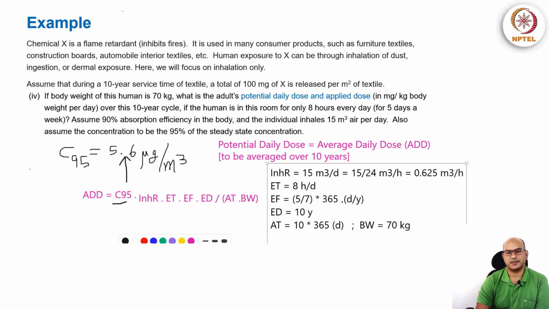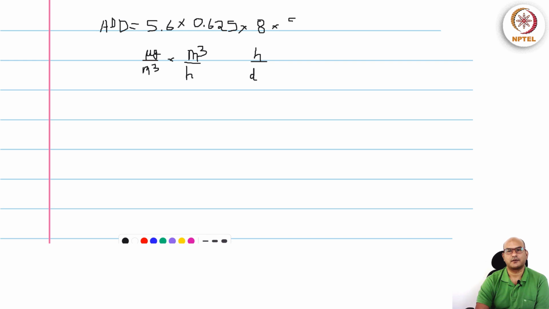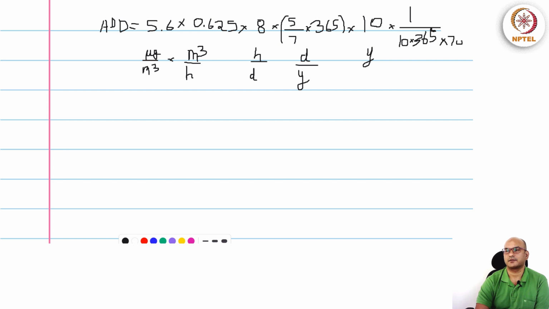Our exposure frequency is 5 by 7 into 365 days per year, multiplied by the exposure duration of 10 years, divided by averaging time in days, so 10 into 365, and multiplied by the body weight, so 70.